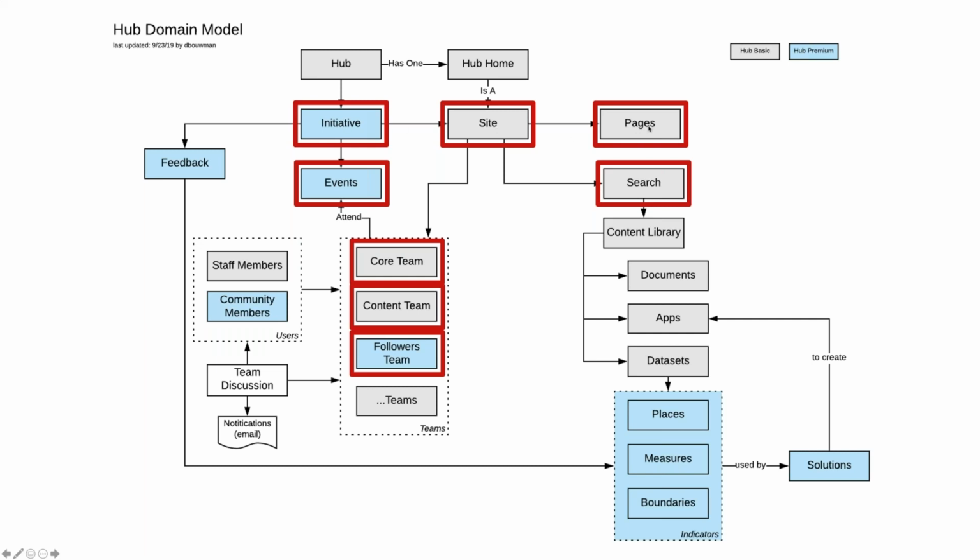So sites, pages, and initiatives, those are backed by items in the portal information system. The core team, content team, follower teams, etc. are more semantically enabled, but they're basically groups in the portal information system. They're tightly tied into these other objects, and so that's why we call them something different, but that's really what they boil down to.